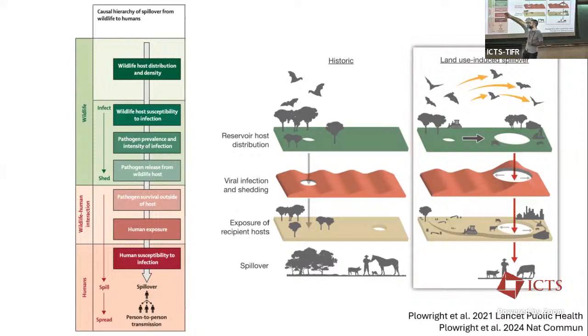That depends on whether the pathogen survives outside of the host, how humans are getting exposed to it through behavior or resource consumption, and then whether the human is actually susceptible to this infection. That determines whether you get an actual realized spillover event and then potentially spreading as well.